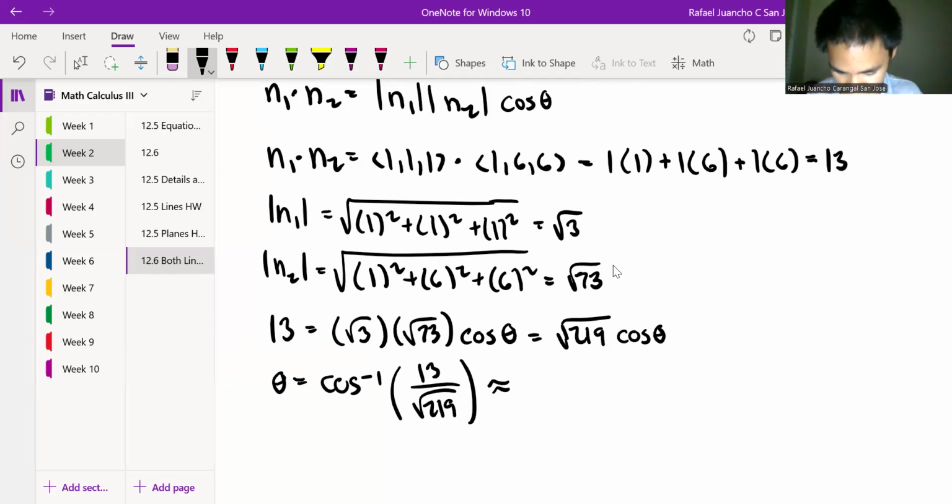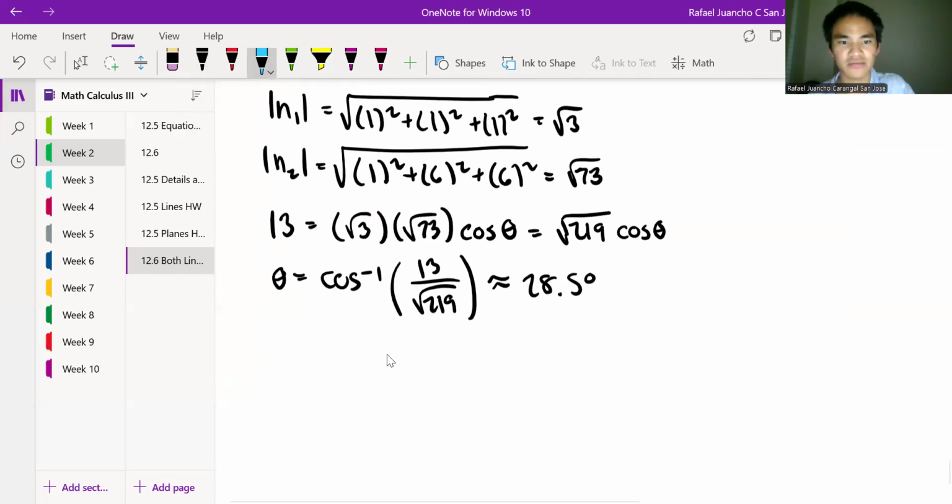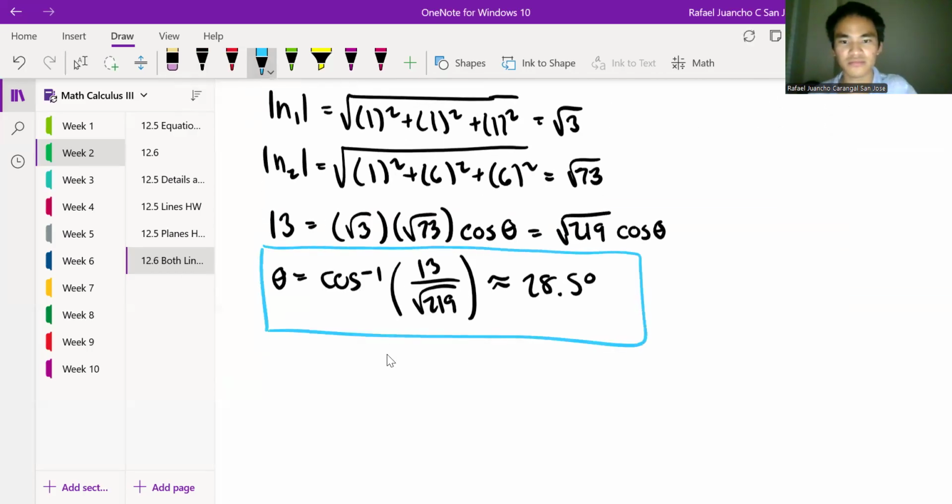So I'm just going to use my calculator. In degrees, I got 28.5. So that's that. It's good.